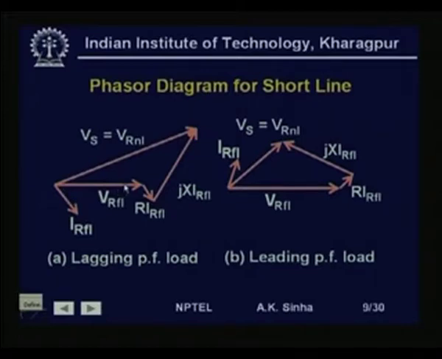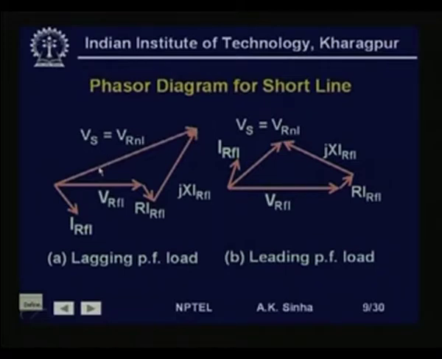Now, with this we can find out using the circuit model the voltage at the sending end, which will be equal to V r F L plus R into I r F L, that is the drop in the resistance due to the receiving end current at full load, plus the drop in the reactance, that is j X into I r F L. So, when these drops are added, we get the voltage V s.